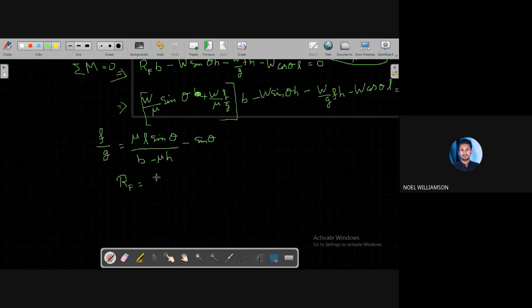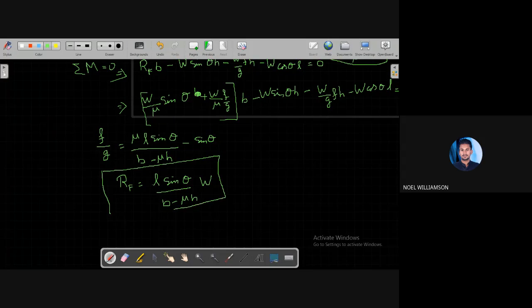RF equal to, on simplifying, we will get a final relation as L into sin theta by B minus mu H into W. This will be the relation for the reaction force at the front wheel in this case.